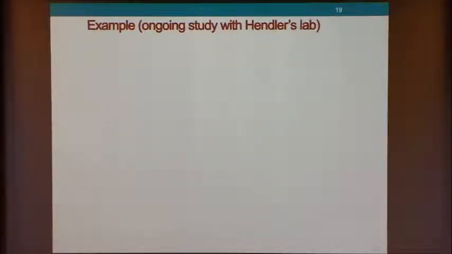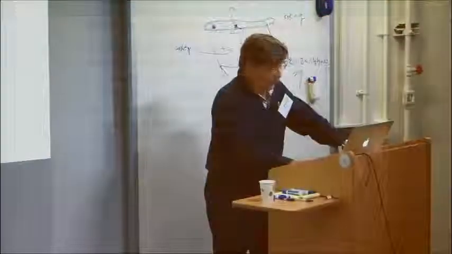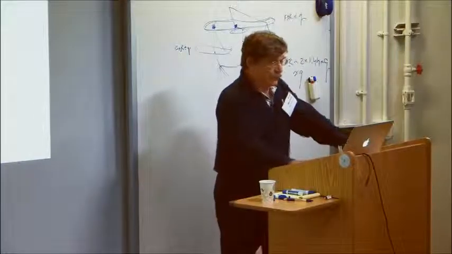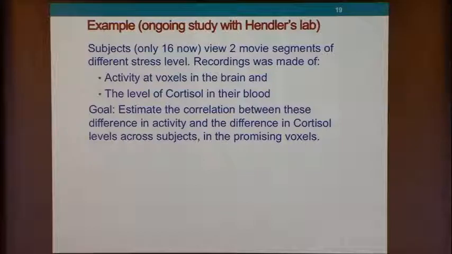Let me show you how they work. Okay, so this is an example from an ongoing study with Talma Handler, psychiatrist at Tel Aviv University. There were 16 subjects, and they viewed 2 movie segments of different stress levels.